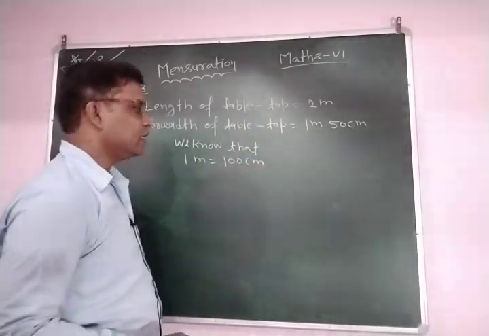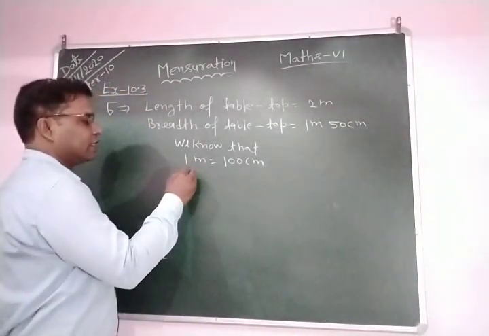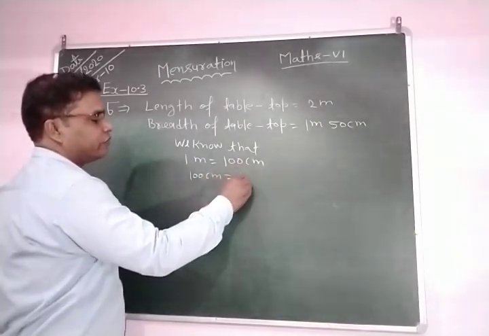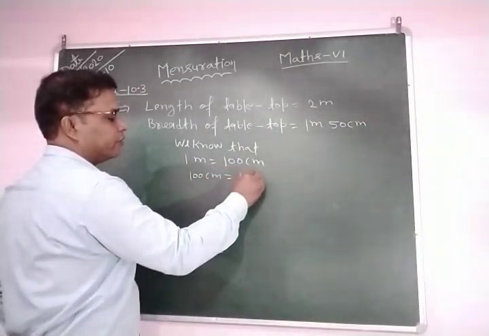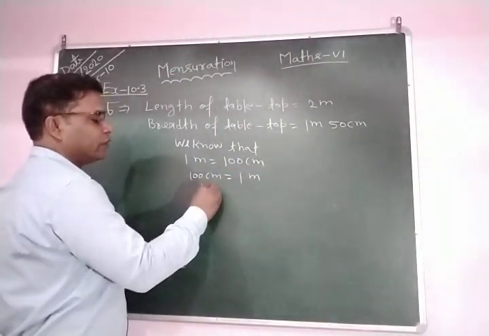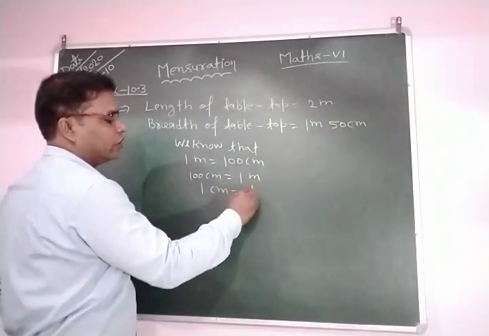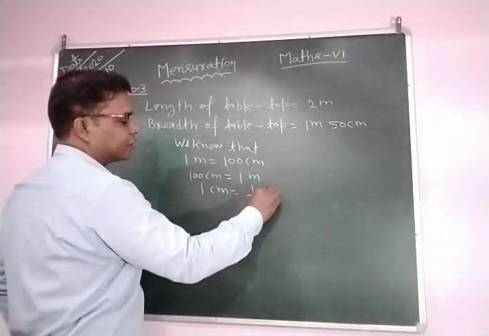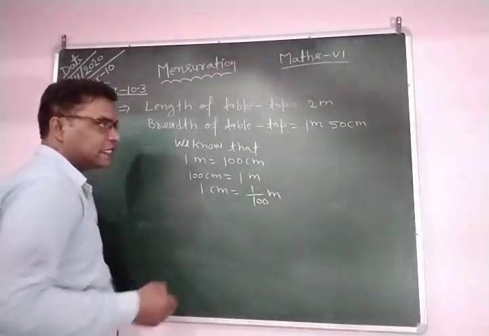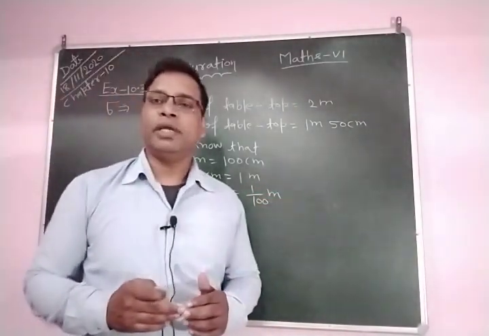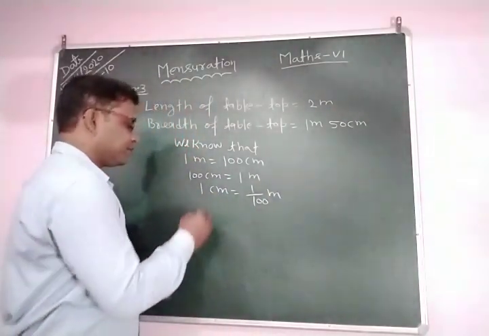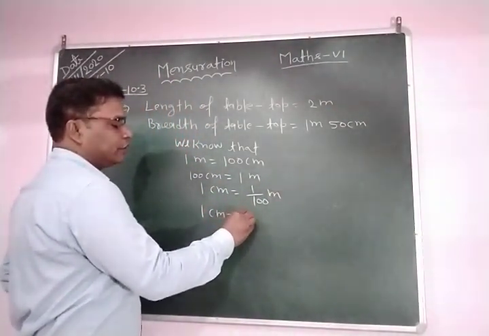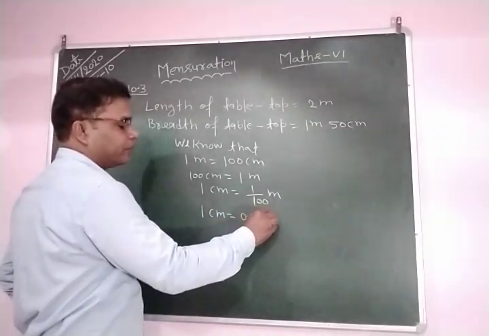So we can also write 100 centimeters is equal to 1 meter, or we can write 1 centimeter is equal to 1 by 100 meters. If you want to write it in decimal form, then 1 centimeter is equal to 0.01 meter.